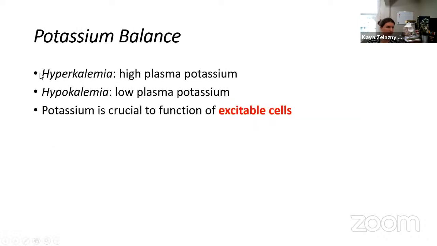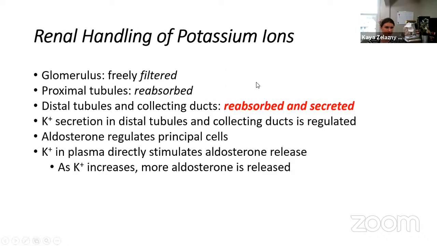Okay. Just like with our sodium, we can have high plasma potassium, we can have low plasma potassium, hyperkalemia and hypokalemia, respectively. This is a rundown of basically where we have already seen potassium. So we can use this to kind of review briefly what's going on in the different parts of the nephron.